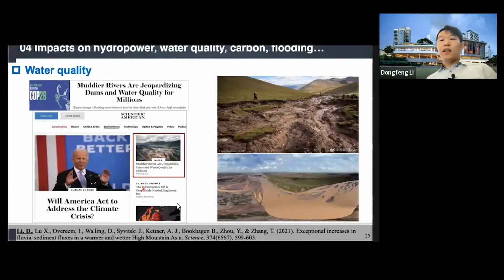We know that the river sediment in the Himalaya rivers is increasing. And the glacier and permafrost systems contain a lot of mercury and heavy metals from other sources, and in response to the temperature increase, such heavy metals could be transported together with meltwater.